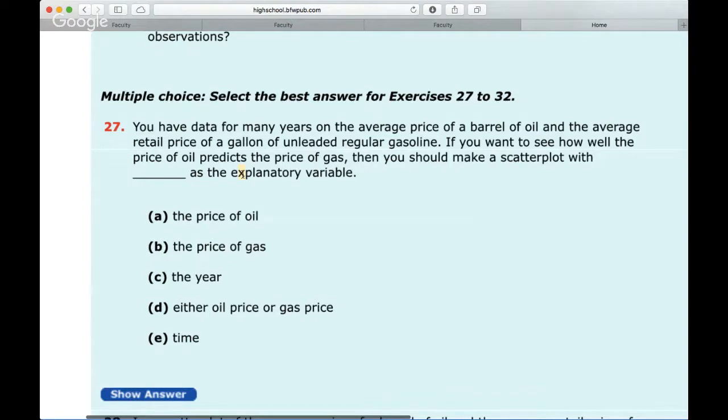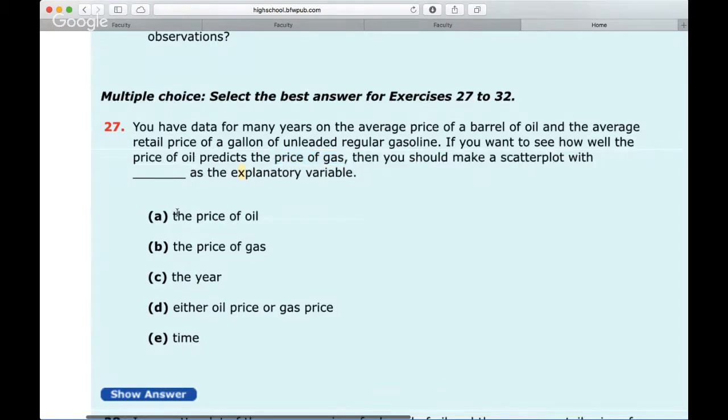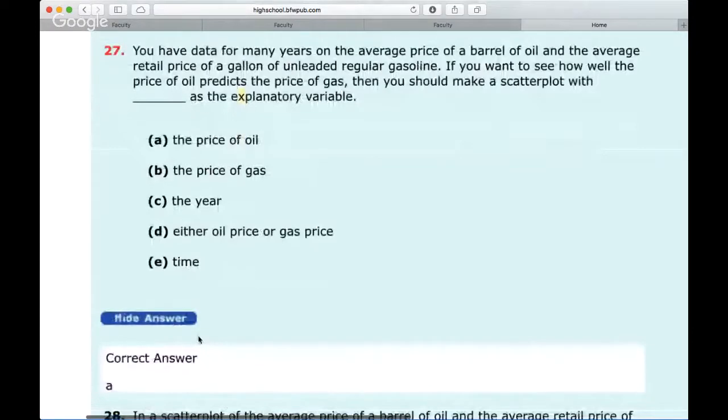We talked about that in class, and we also said that if we're trying to have something predict the other, then I think the price of oil is the part that explains or predicts the response, the price of gas. The price of gas doesn't explain the price of oil, but the price of oil is explanatory to the price of gas. So I'm guessing the answer should be A. Yeah, that's exactly right.